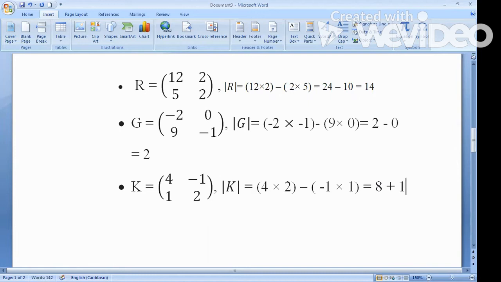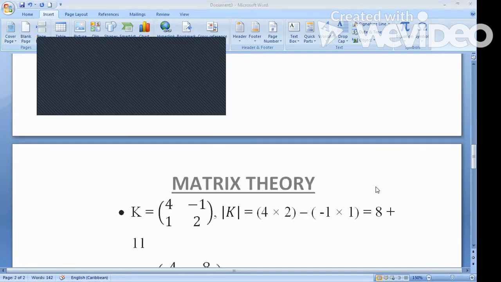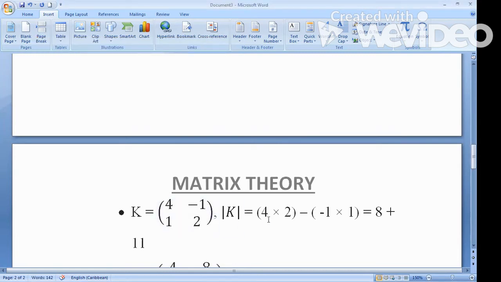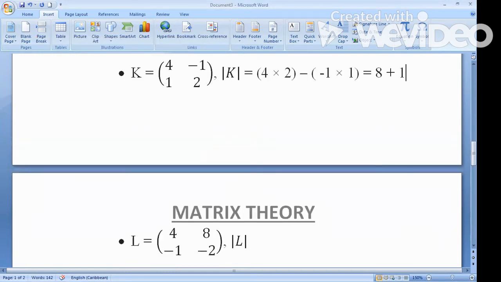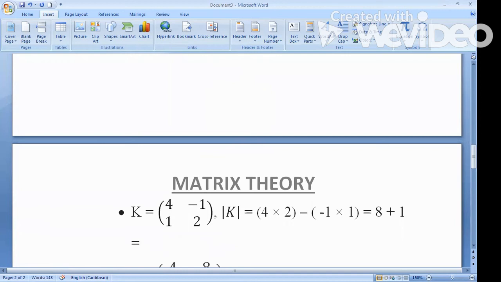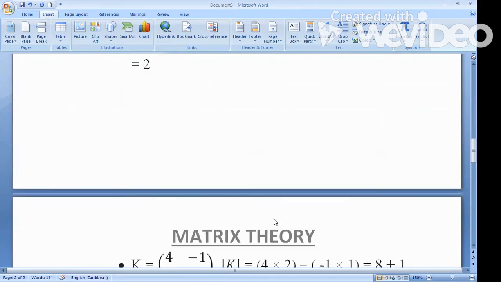Right, plus 1. So the two negatives give you a plus.